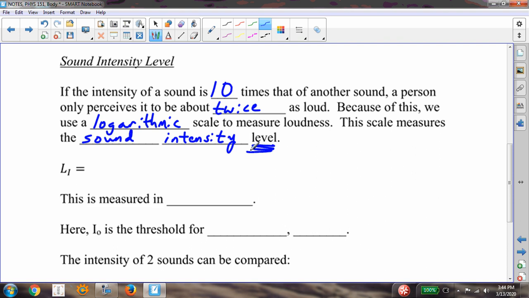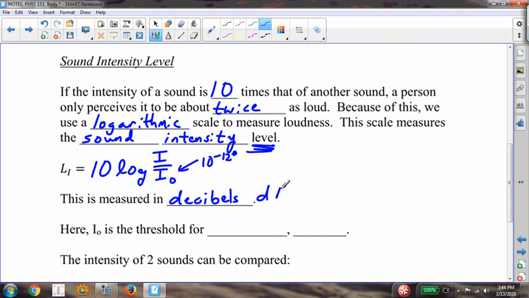The sound intensity level is given by 10 log of I over I naught. And this I naught is the threshold of hearing. Remember, that was 10 to the minus 12 watts per square meter. This value is measured in decibels, and we often see this as dB.